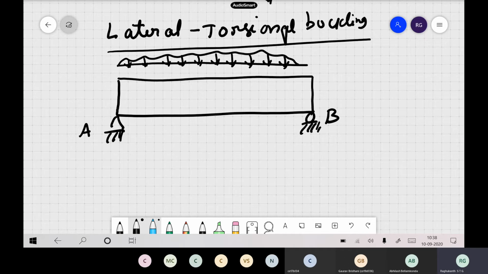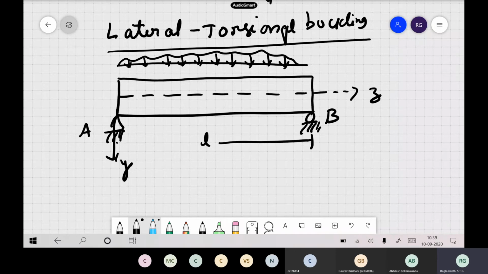So let us say this is our coordinate system. This is my Z and this is my Y, and X is perpendicular here. L is the length of your beam.